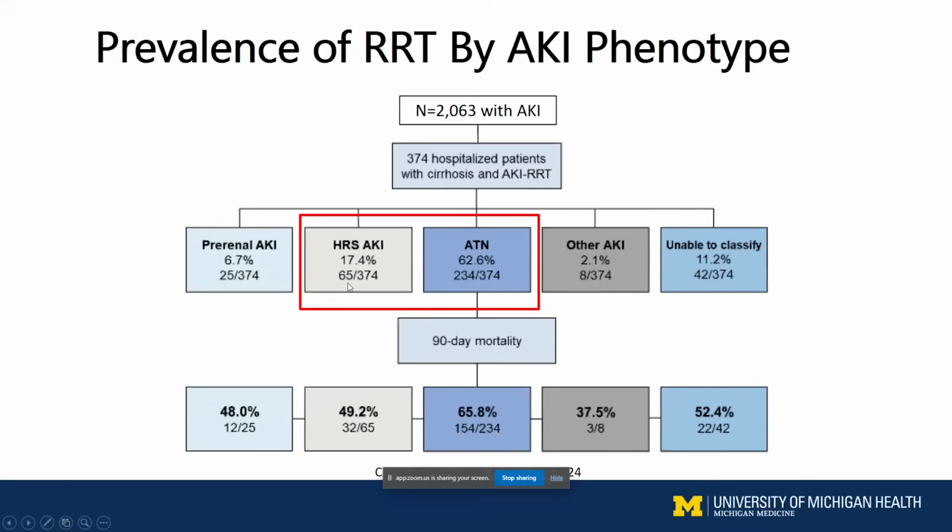Of these, 17% were HRS AKI and 62% were ATN. So hospitalized patients with AKI requiring RRT predominantly have ATN, and their 90-day mortality for the ATN patients was 66%, and HRS patients were around 50%.